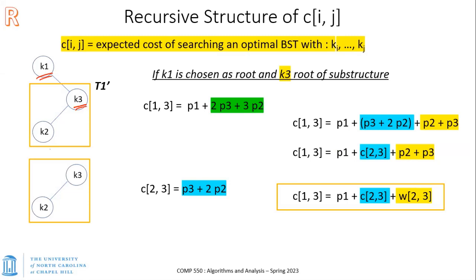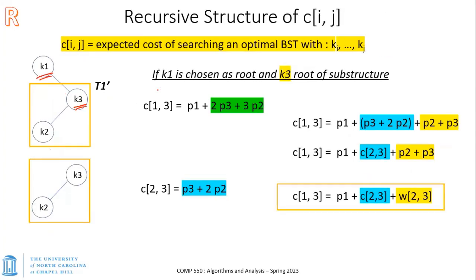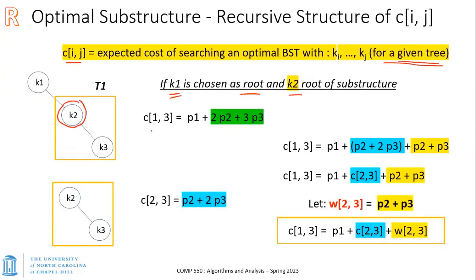So we took 2 examples, and we said that the cost for the entire tree can be rewritten as a recursive equation.